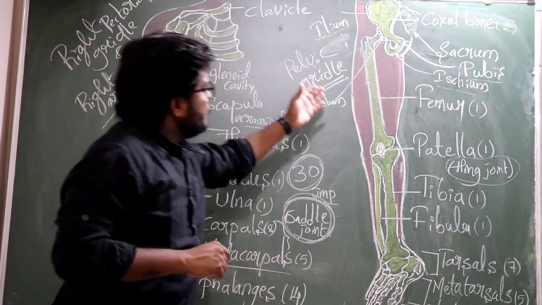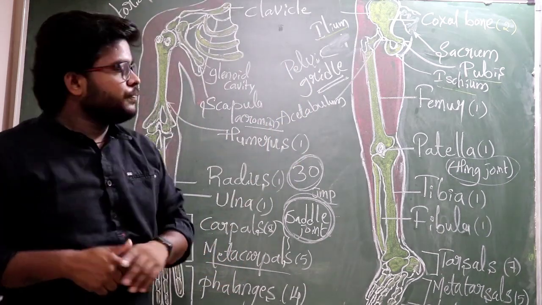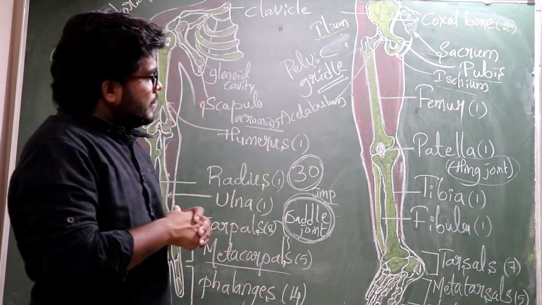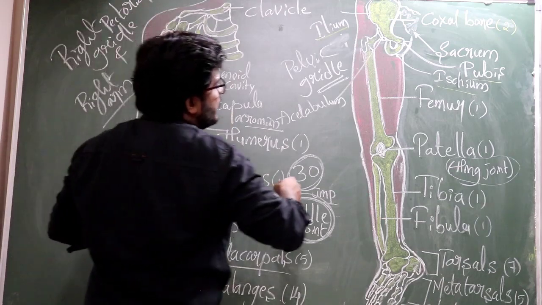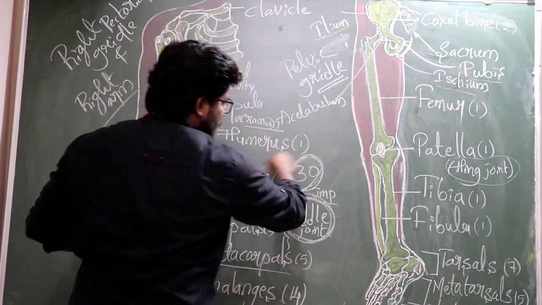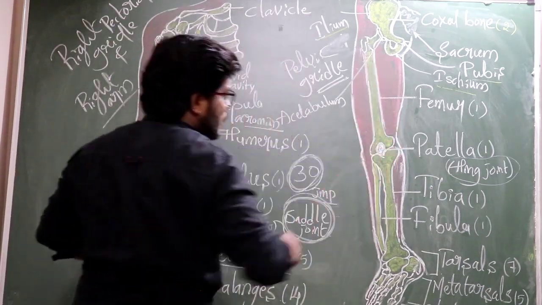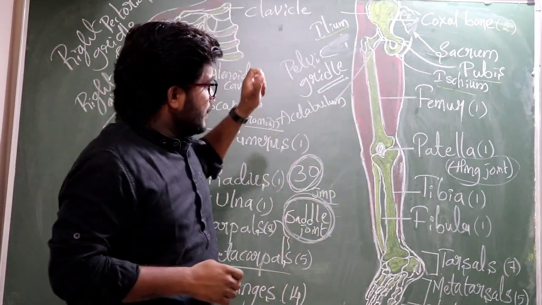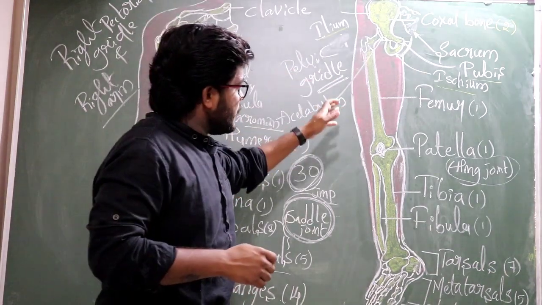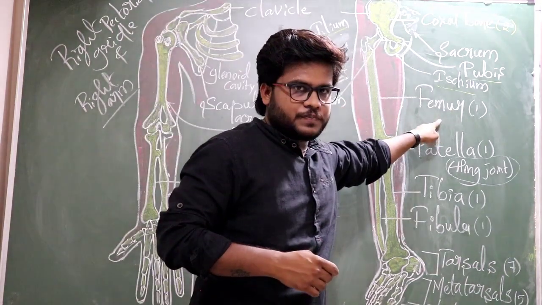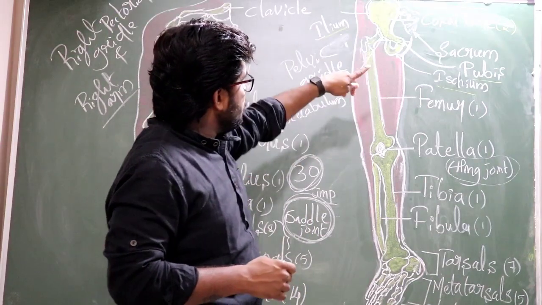Now let us study about the hind limb. The hind limb also contains about 30 bones. It contains the longest, largest and strongest bone called the femur.